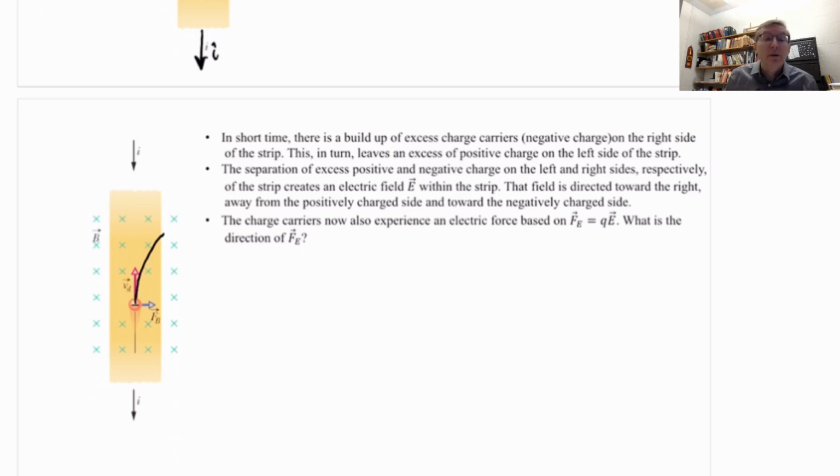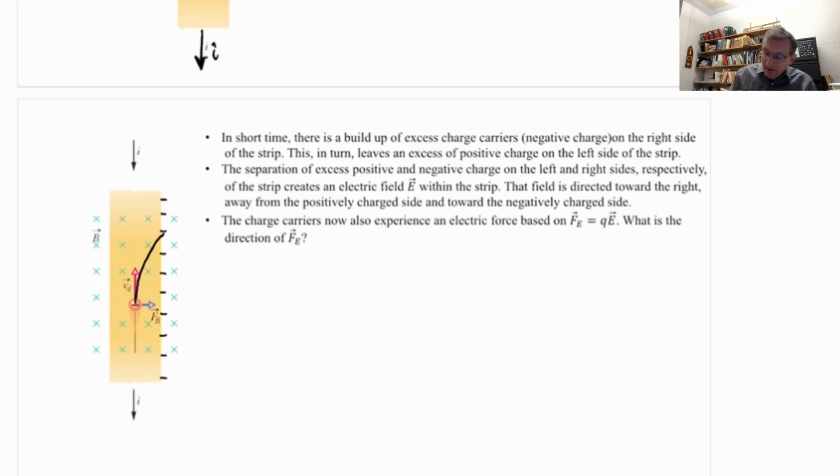Now that's happening to a lot of conduction electrons. So the net effect is we're getting a bunch of negative charge, excess electrons, building up all along what we'll call the right-hand side of the strip because of the magnetic force on these conduction electrons. Right?